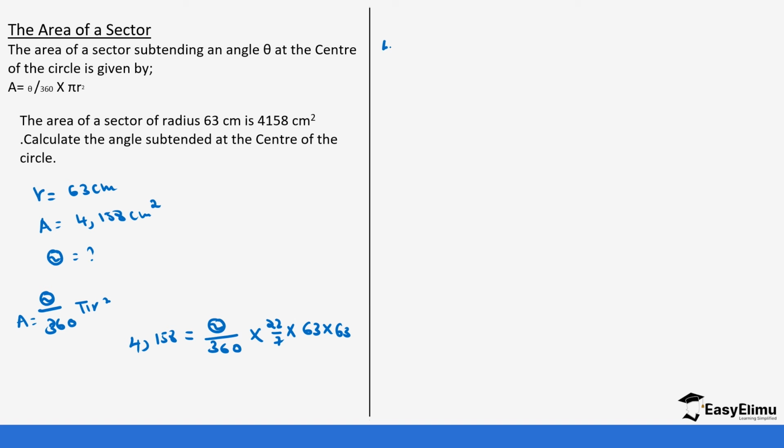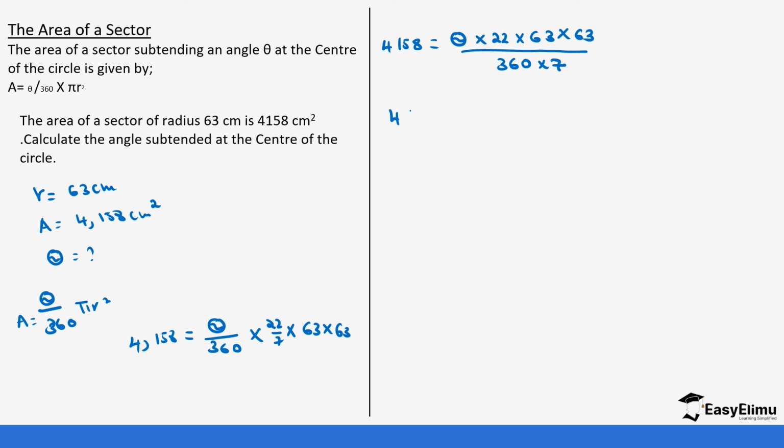So this is the same as 4,158 is equal to the angle times 22 times 63 times 63, everything over 360 times 7.